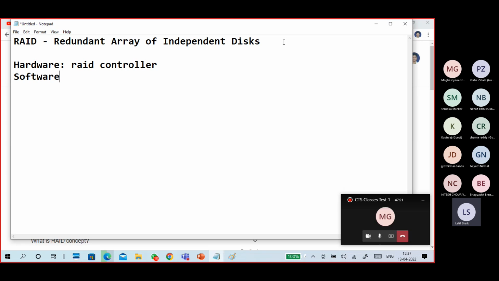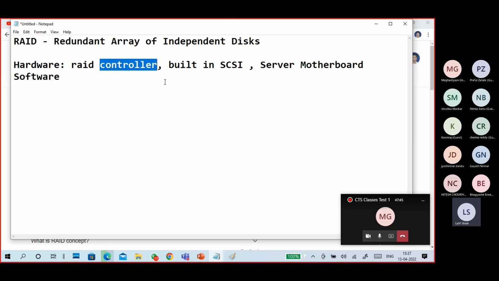Sometimes RAID controllers are built in as adapters or on your server motherboards. RAID controllers are individual controllers, built into SCSI or built inside motherboards. On the motherboard it is there.